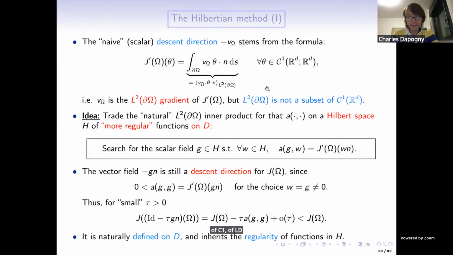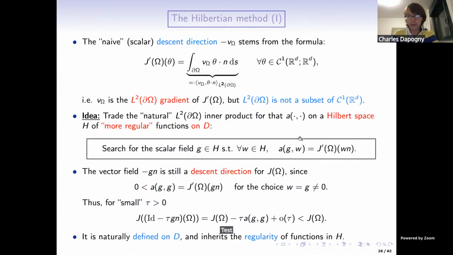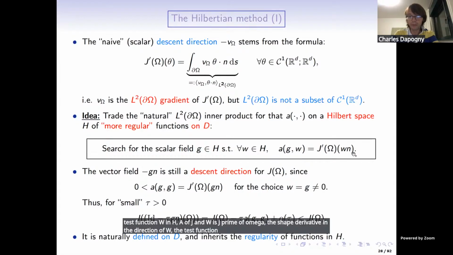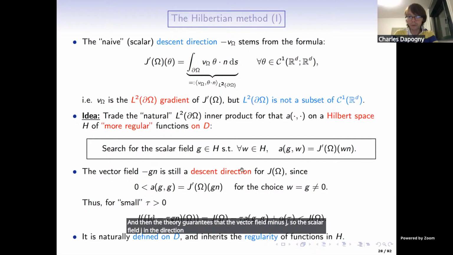For instance, if we take any Hilbert space H equipped with the inner product a, which is like this, we could search for the scalar field g, which belongs to the space H, such that for all test functions w in H, a of g and w is J prime of omega, the shape derivative, in the direction of w, the test function, in the normal direction. And then the theory guarantees that the vector field minus g, the scalar field g, in the direction of the normal is a descent direction for J of omega, because a of g and g, which is J prime of omega in the direction g n, is always positive by construction just because of this.